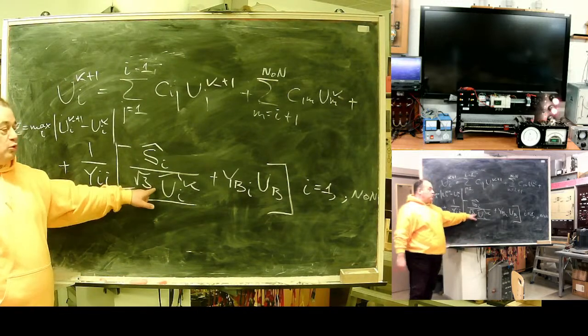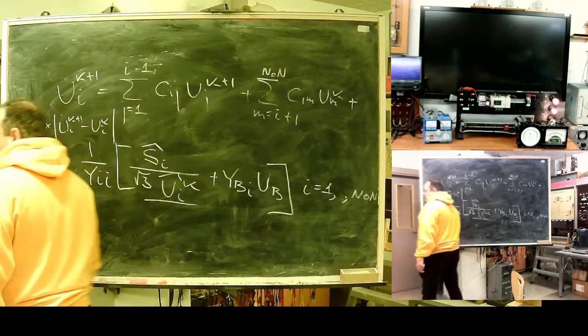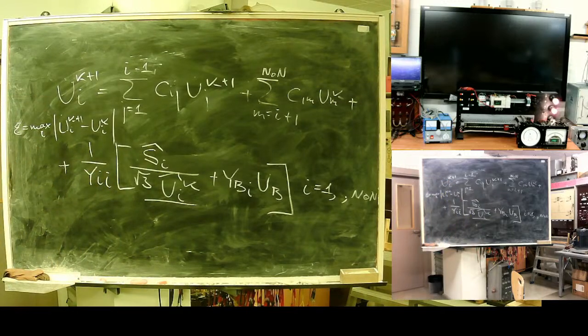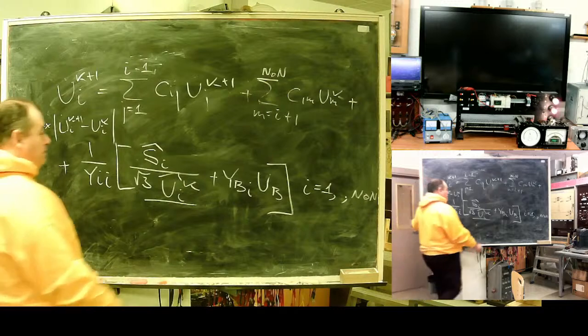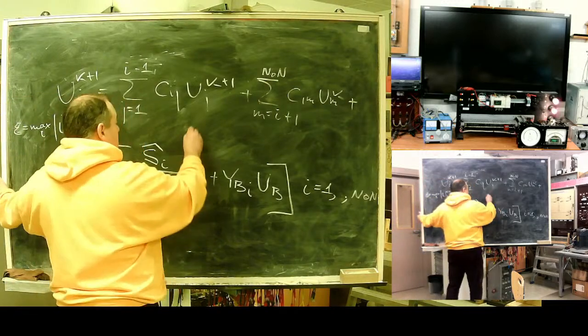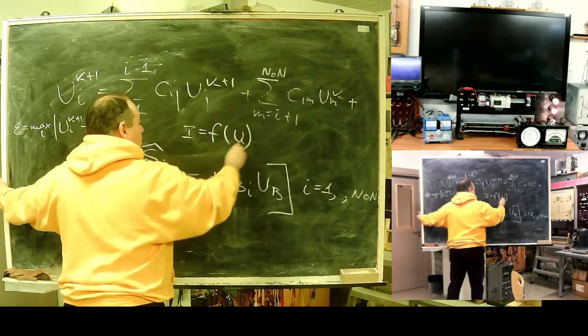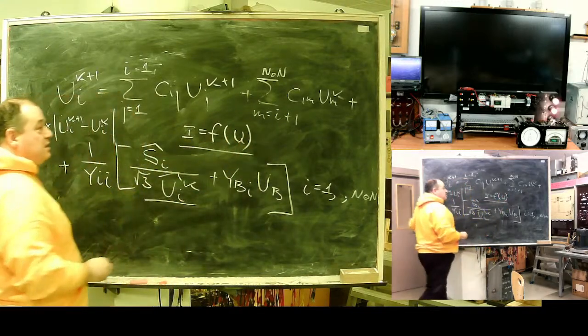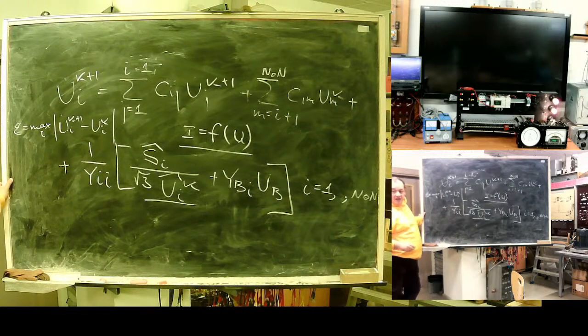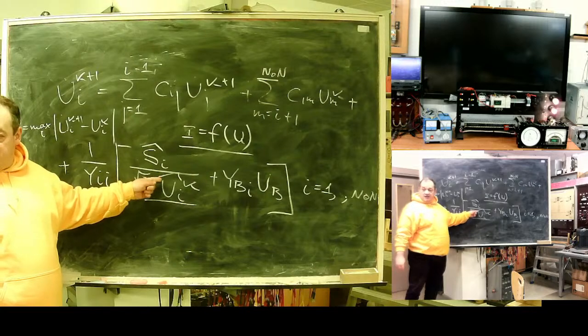Actually, I can put here anything. I can reflect any control system. The only covenant is I should be able to depict it as a current being a function of voltage. Here I can write anything.